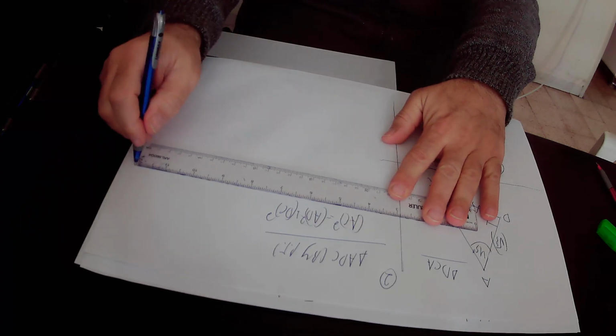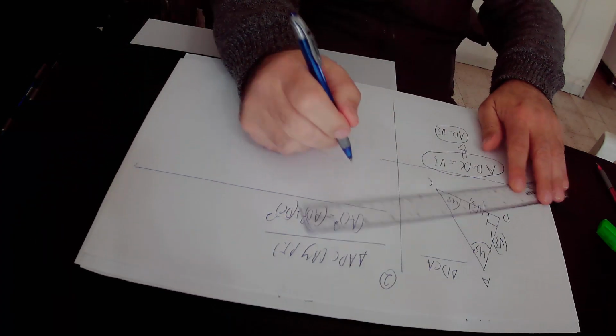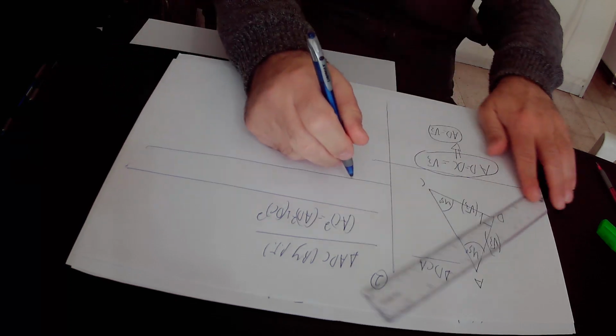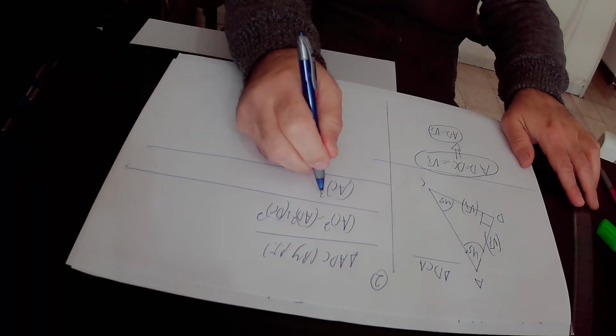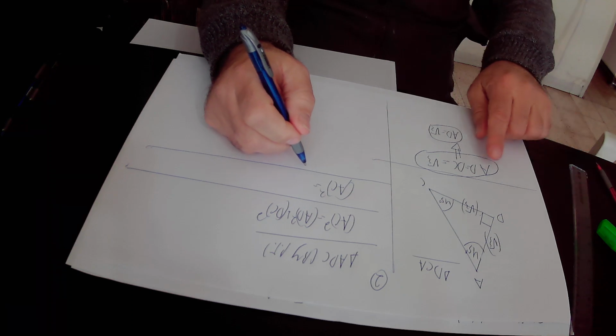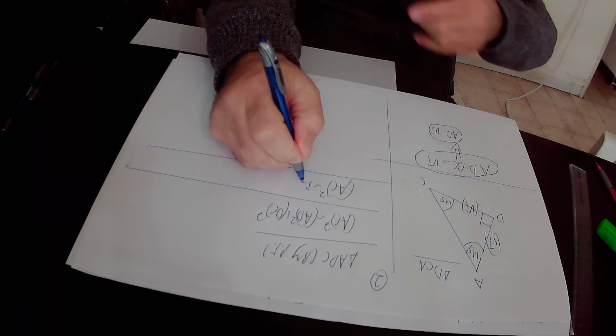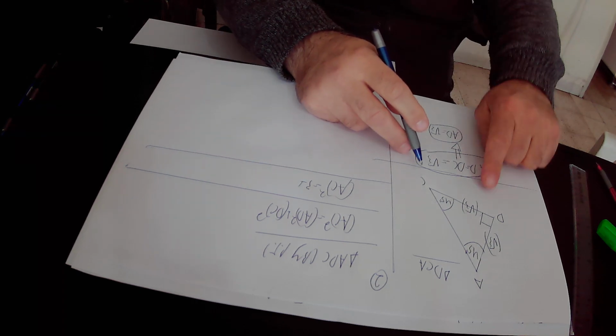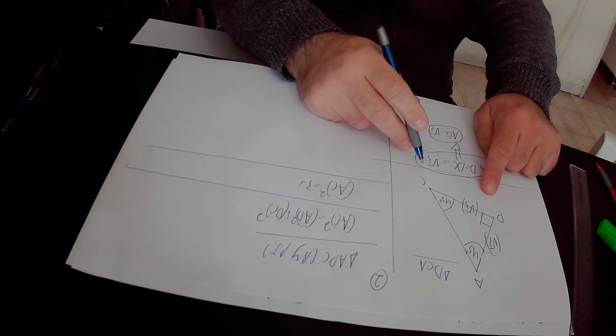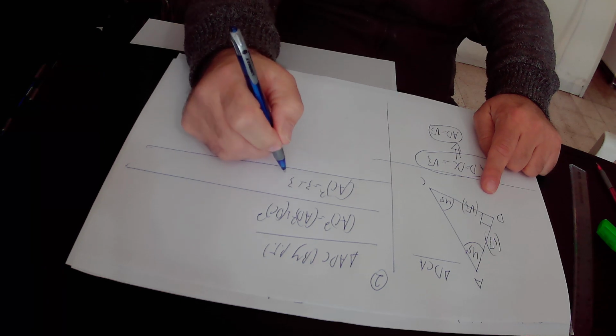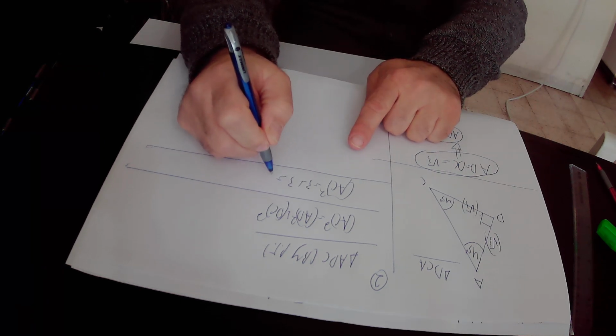So AC squared, that is the square of the hypotenuse, equals AD squared. AD is the square root of 3, therefore AD squared is the square root of 3 squared, that is 3, plus DC squared. This is also the square root of 3, therefore DC squared is 3. So AC squared in total equals 3 plus 3, that is 6.